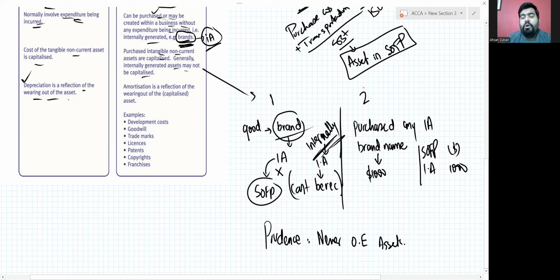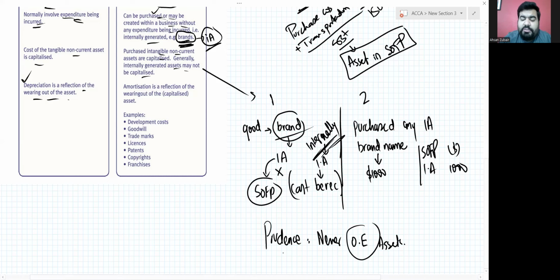But prudence says never overvalue, never overestimate the asset, because prudence knows that every manager wants assets to be overvalued. For internally generated assets, every manager will like to increase the value.